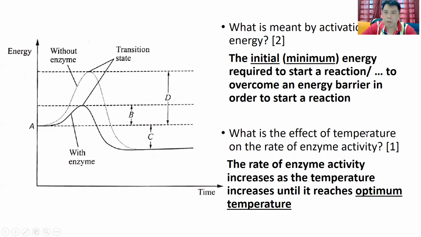What is the effect of temperature on the rate of enzyme activities? The rate of enzyme activities increases as the temperature increases until it reaches the optimum temperature. Normally students only write the first part. They forget "until it reaches optimum temperature."